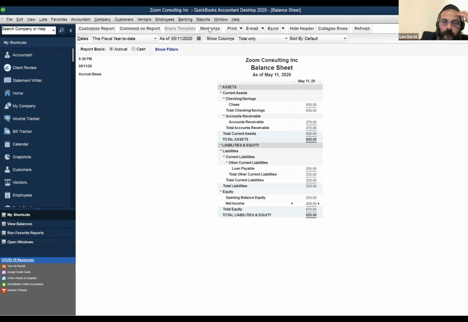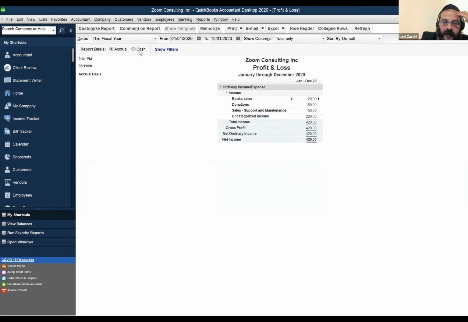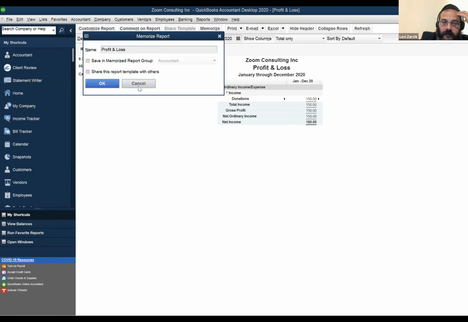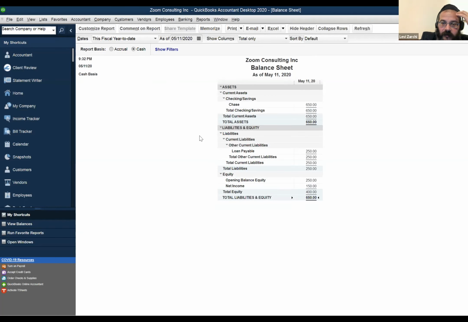What would happen if I would go to my profit and loss and press cash? What did I make on a cash basis? Not 420. I have to reduce it by $270, which were the receivables. The only cash I made this year was $150. We will see the same thing in the balance sheet report on a cash basis. How much is the net income? $150.